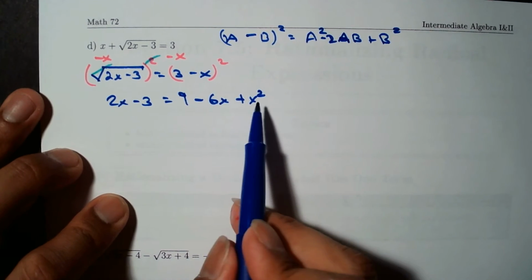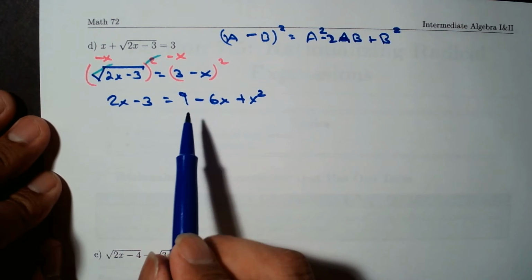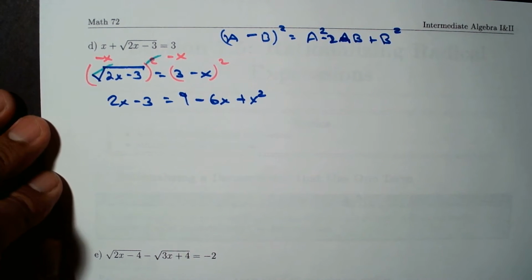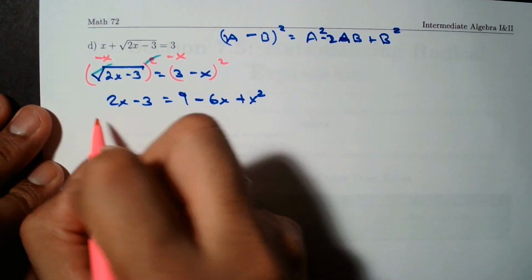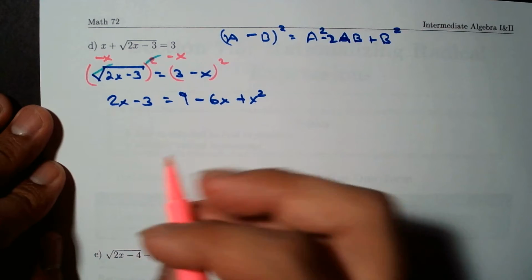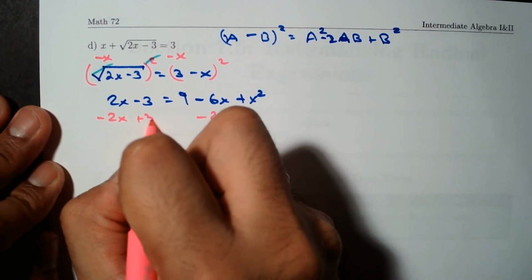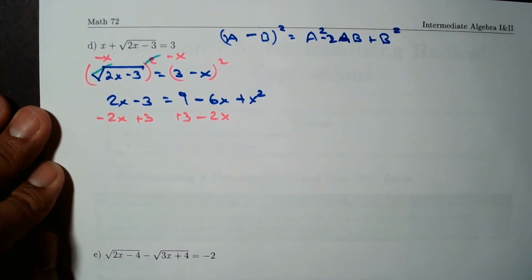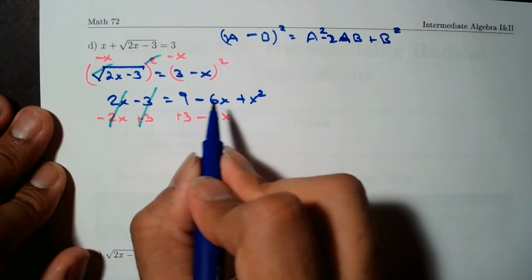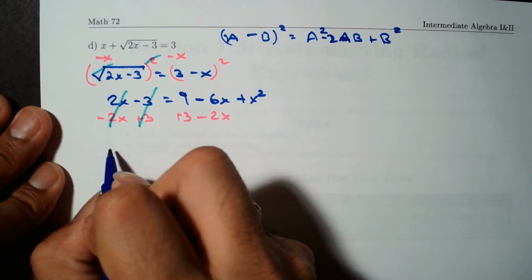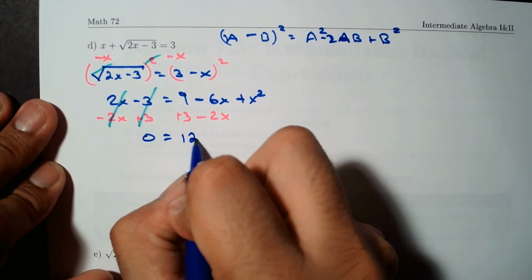As opposed to the previous examples, what do we have here? We have a quadratic equation that hopefully is solvable by factoring; otherwise, maybe other methods. Subtract the 2x on both sides, add the 3. So cancel, cancel, and I'm going to have everything on the other side of the equation. 9 plus 3 is 12.